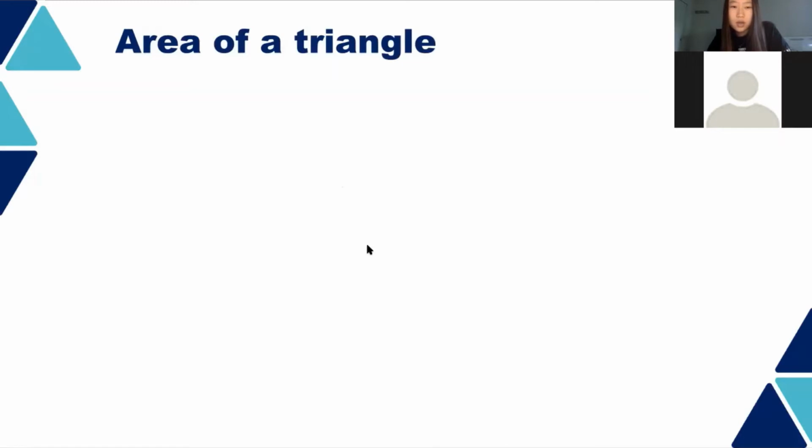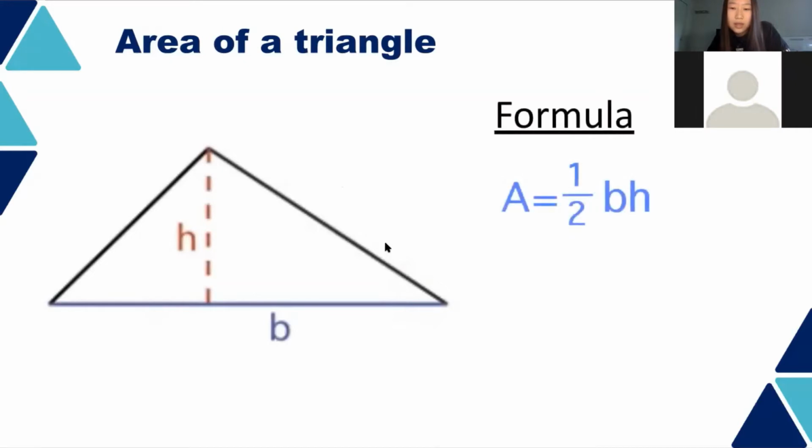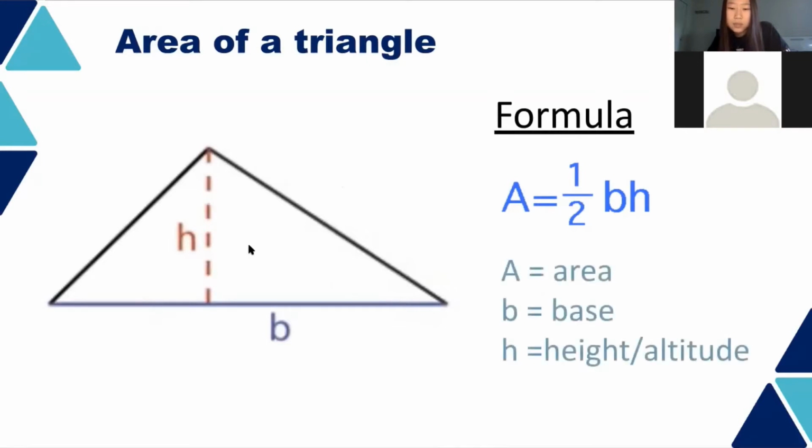And next, we're going to talk about the area of a triangle. Area equals 1/2 base times height, where the base is the blue line you see at the bottom of a triangle, and the height is the altitude, which is the line from the top angle to the base, and the base and the height have to form a 90 degrees angle.